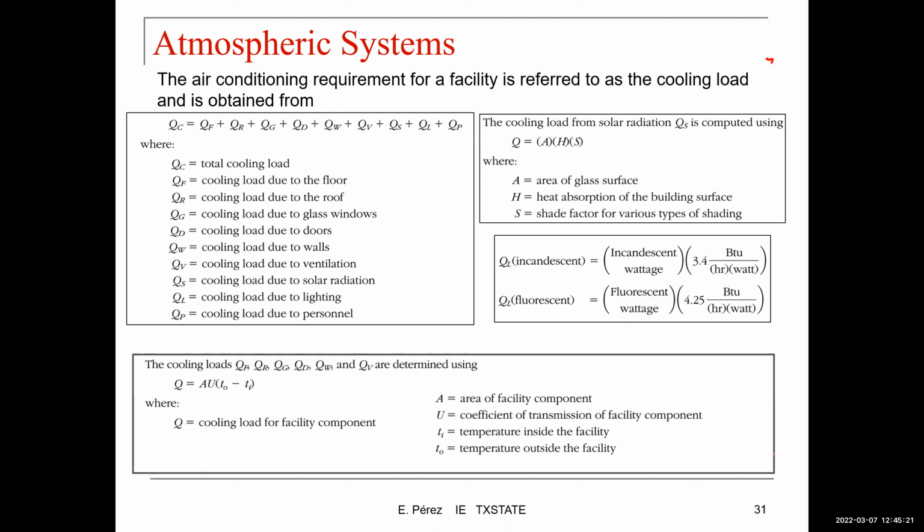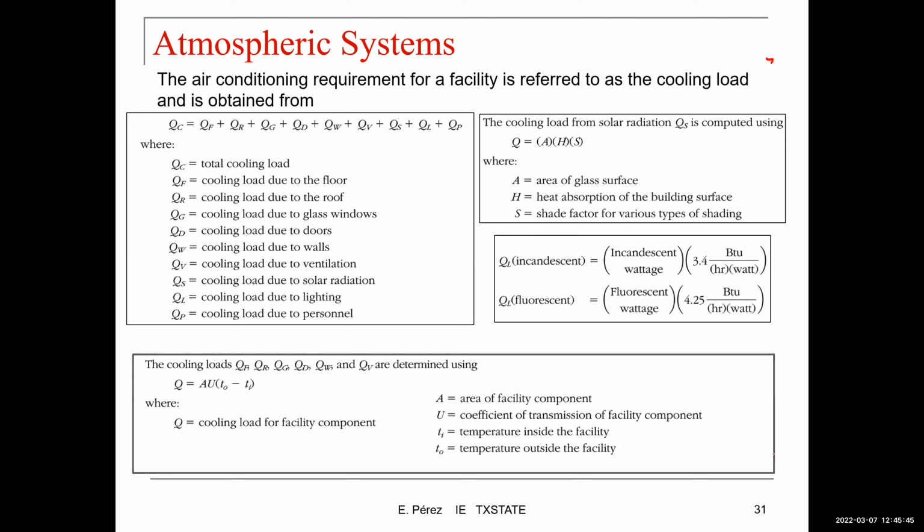The only difference now is that instead of Ti minus T0, you have T0 minus Ti in the cooling equation. I apologize for that. And for these two components, we have a different equation for the cooling load for solar radiation and for the cooling load for the lighting.